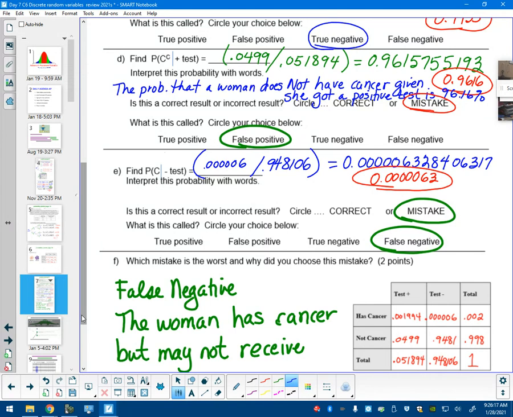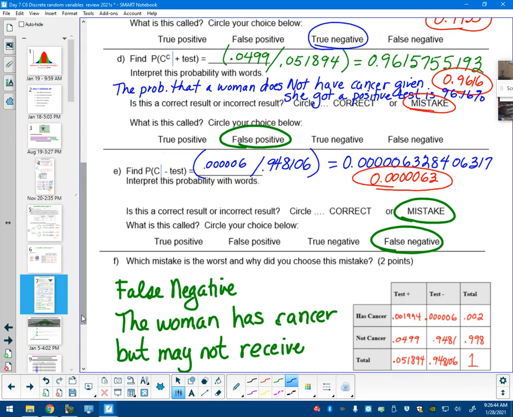Does that mean if 1 million women are tested, that exactly 6 every single time will have a misdiagnosis? It means if millions and millions and millions of women are tested, in the long run, it would be whatever 6 out of a million is in percentages, so it would be 0.0006%.